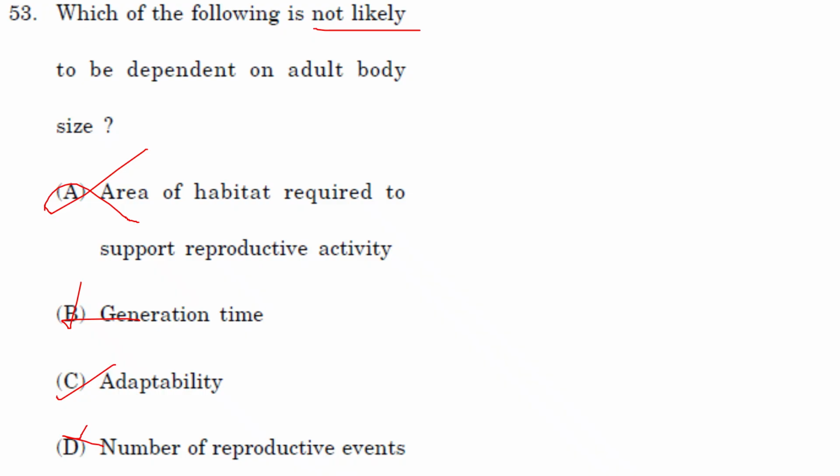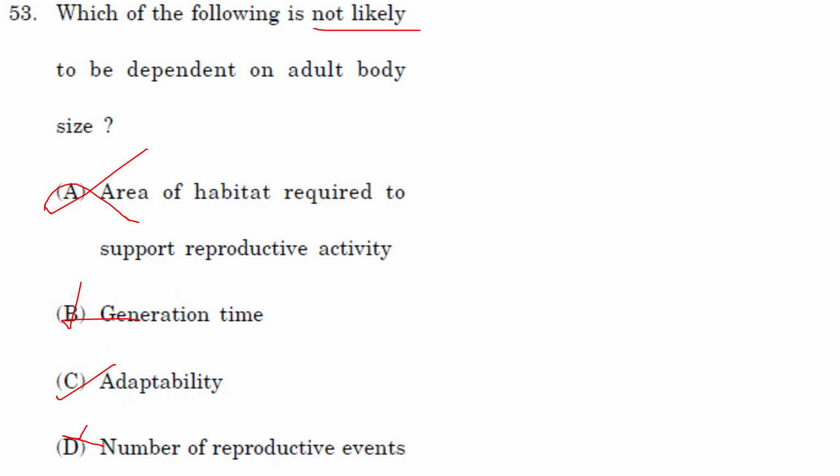Adaptability means the ability of the organism to adjust to the changing environmental conditions over time. So it has nothing to do with the adult body size, because if the environment changes, whether it is bacteria or a human being, they have to adapt to the changed environmental conditions.